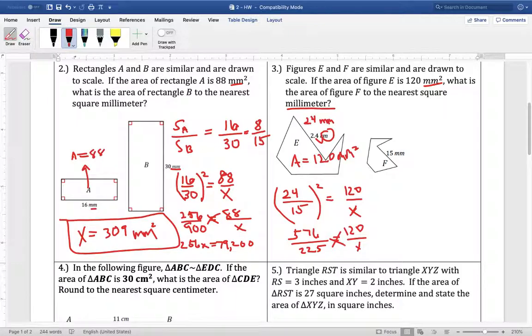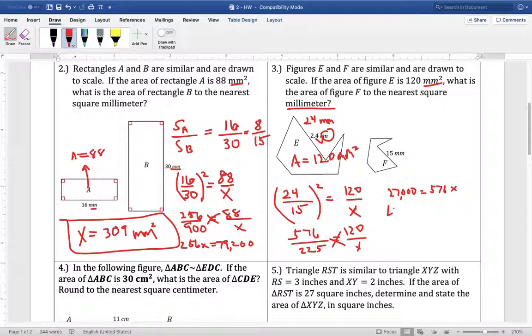If we do 120 times 225, we get 27,000. And that's equal to 576 times x. We divide that 27,000 by 576, we get 46.875.